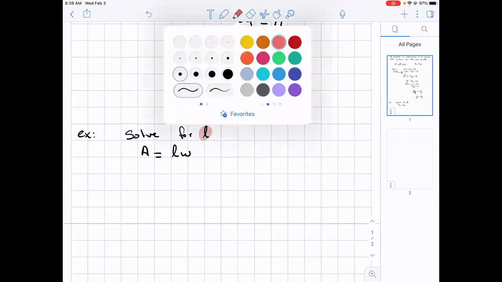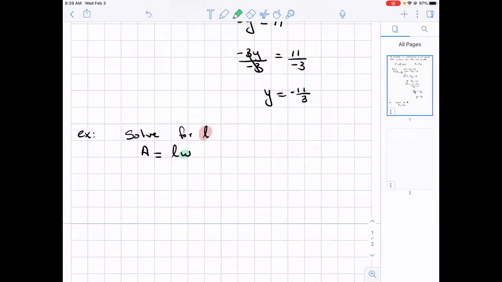So in this example, what we have to do is to get rid of that W, okay? Now, if L was a number, let's say 2, okay? If L was the number 2, you would divide both sides by 2 to leave W, right? But now L is not a number, L is a letter, and you want to leave L.